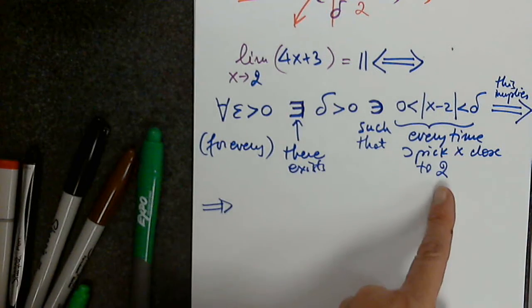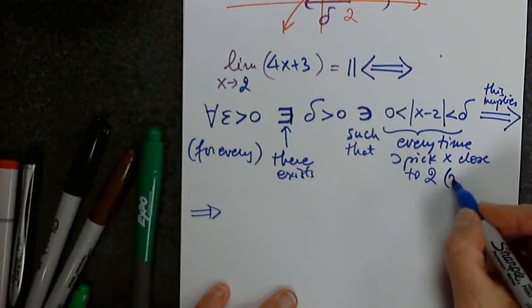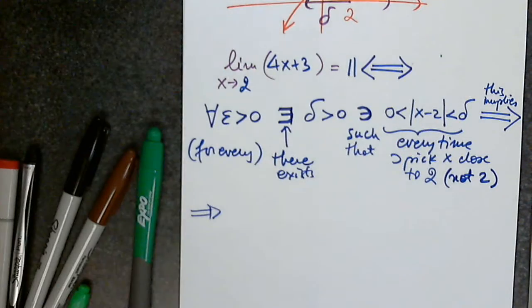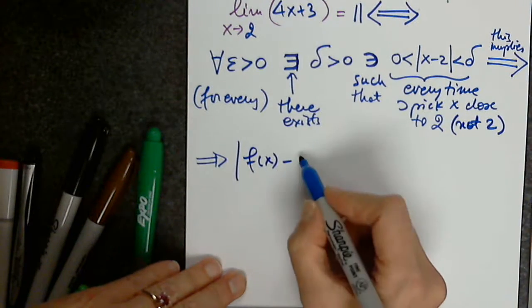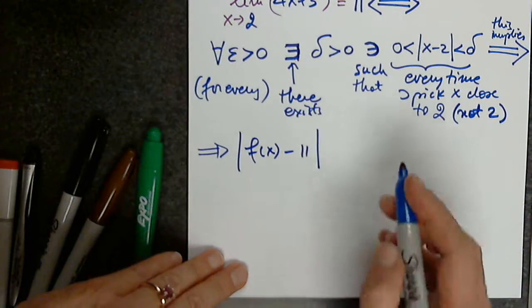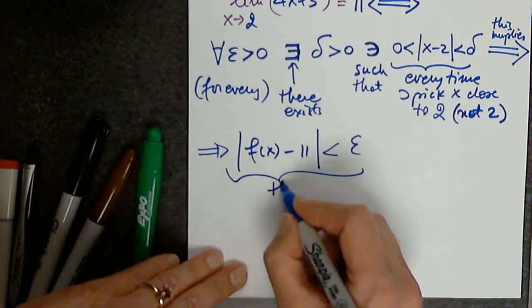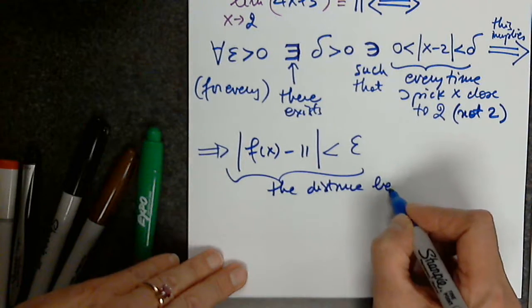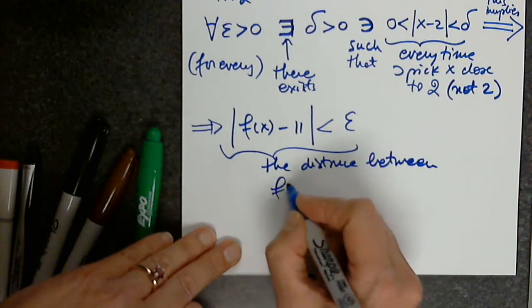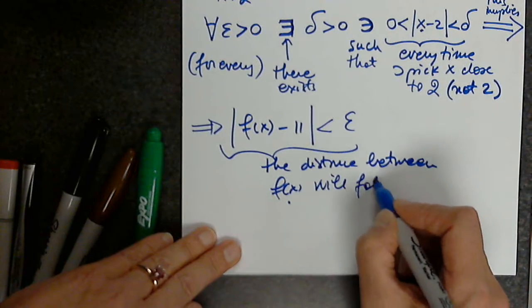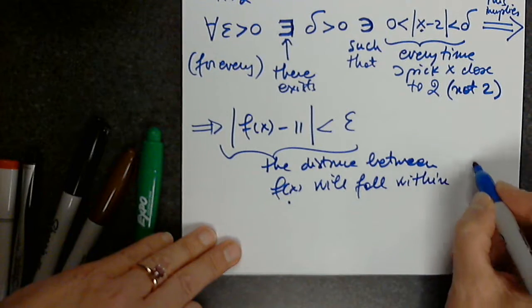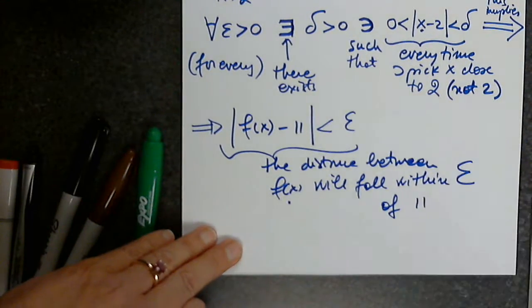Every time I pick x close to 2, and I should write in parentheses for this, not 2, this implies, or what will happen when I pick x close to 2? Exactly. And this is how we will write it. The distance between f of x, for this x, that's f of x, will fall within epsilon of 11.